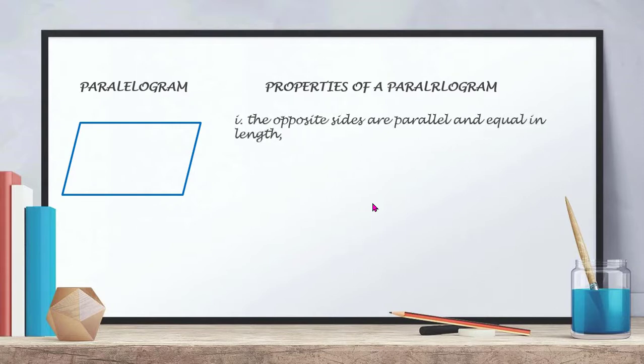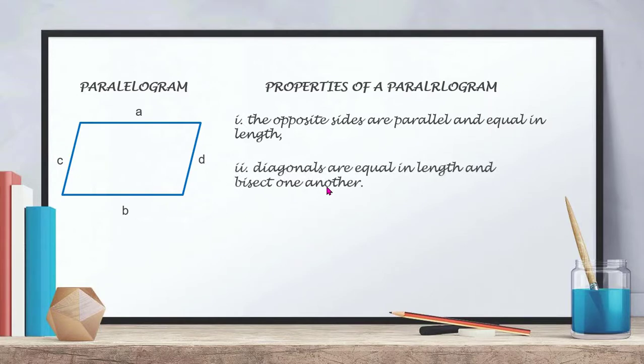The opposite sides are parallel and equal in length. The side A and the side B are parallel and equal in length. Also, the side C and the side D are equal and parallel.